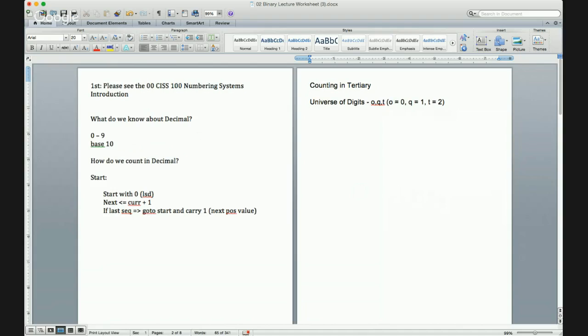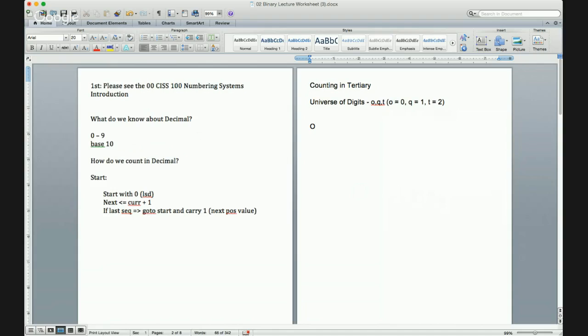So what do we start with? I start with O. I hit return. Microsoft Word will capitalize it, make it look like a 0. Sorry about that. O plus 1. Or in this case, it would actually be O plus Q, right? Q is 1.